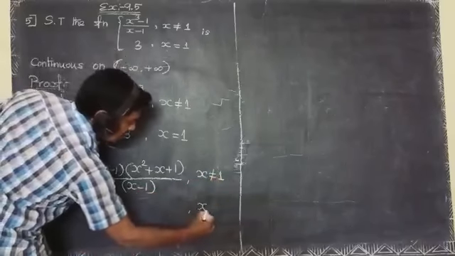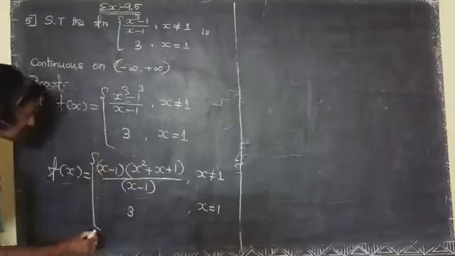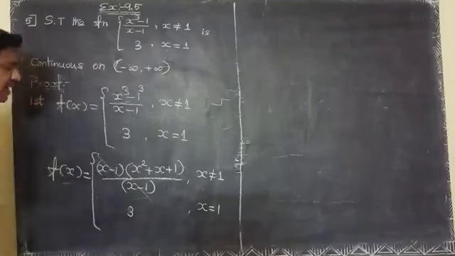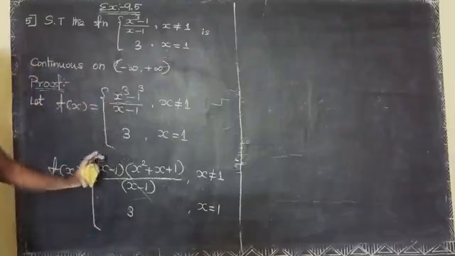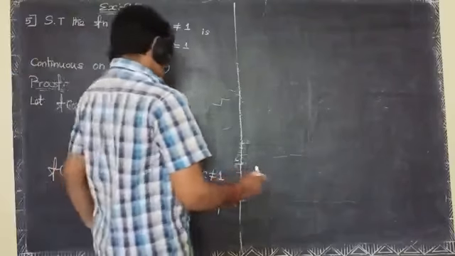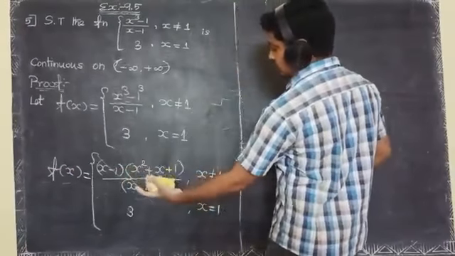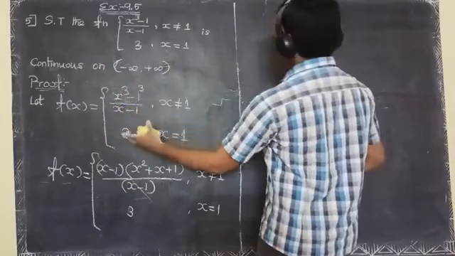Suppose x equal to 1, the constant function is 3. Here the factor x minus 1 is cancelled. This function is defined for R. Here check whether the given function is continuous or discontinuous at every point.